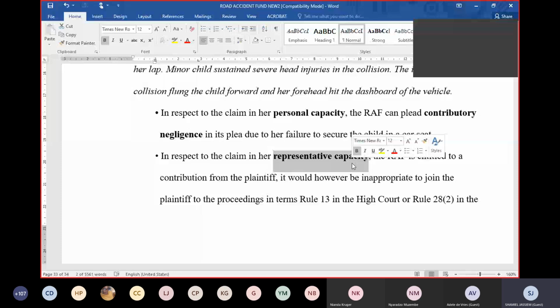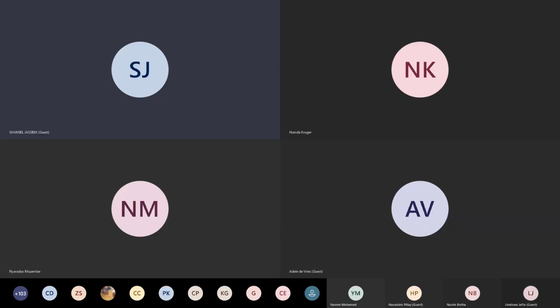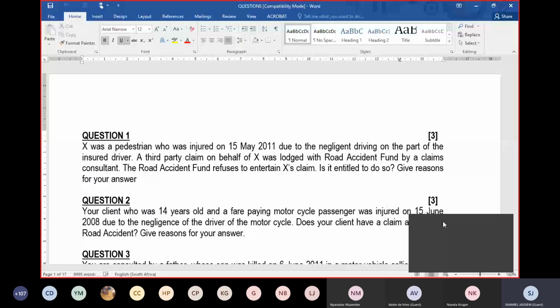But I promise you that I will try and get you some previous exam question papers pertaining to RAF to show you the type of questions that you can expect during the exams, and I managed to pull questions from previous exam question papers for you.